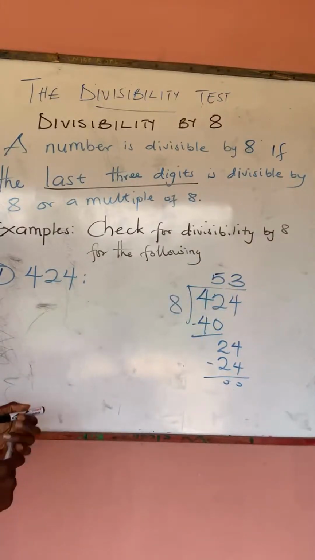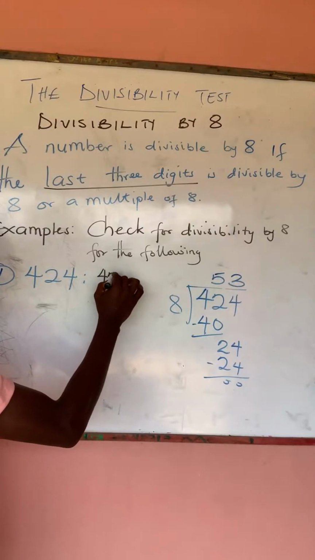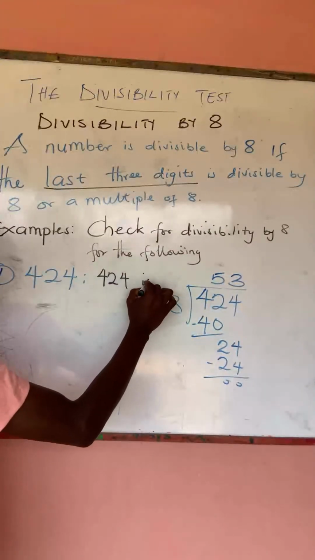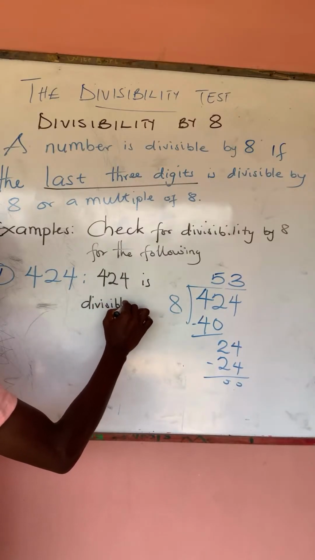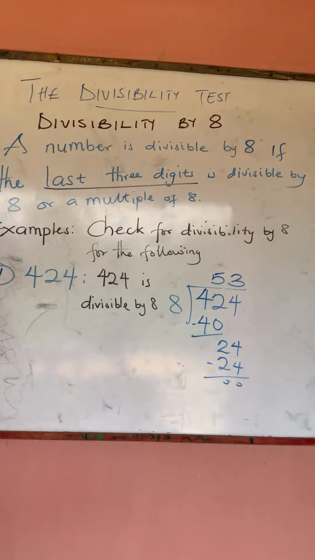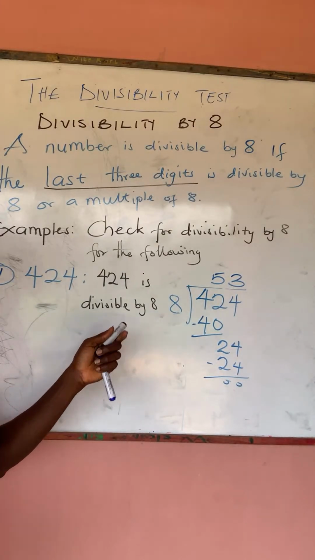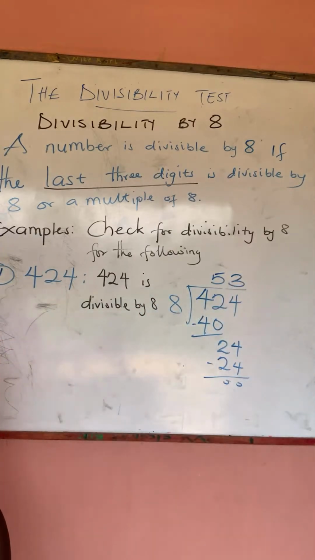So we are going to conclude that 424 is divisible by 8. That's why we have been given only 3 digits. Then just use the long division method to check it out.